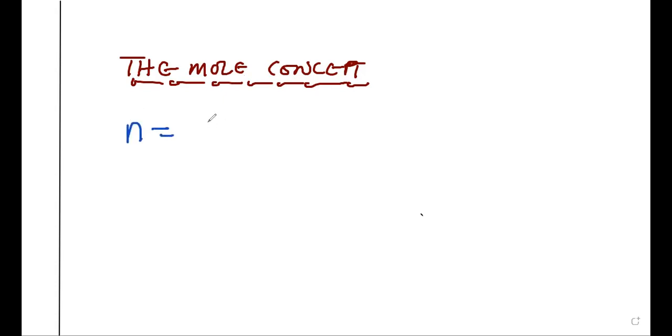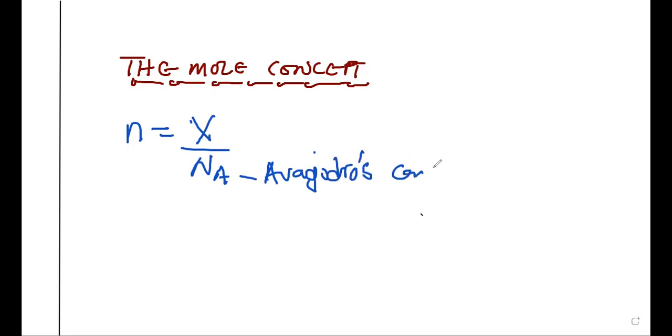Number of moles is equal to the number of particles over the Avogadro's constant. So this is the Avogadro's constant.